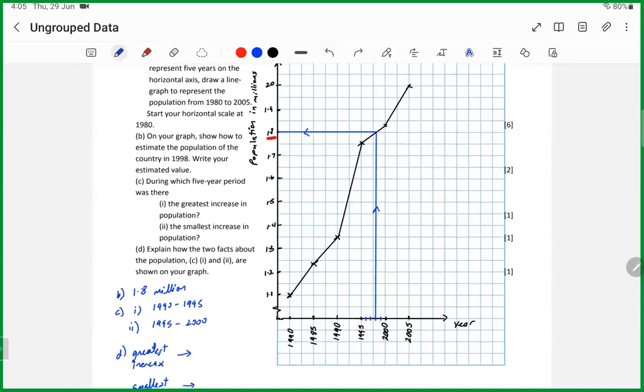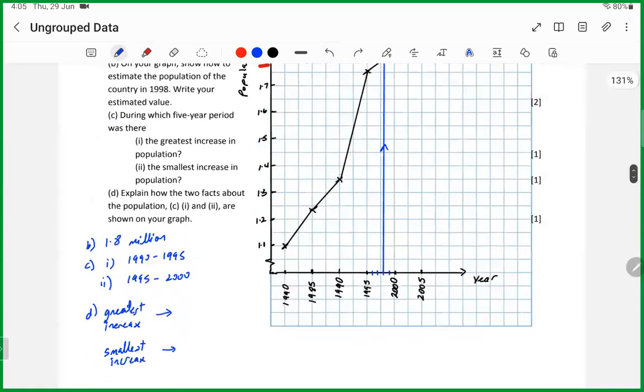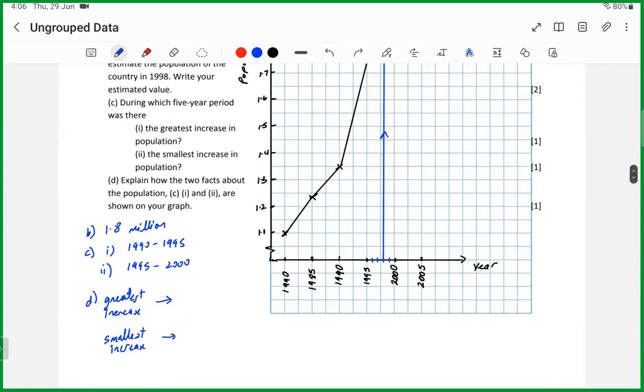And now we want to explain how the two facts are shown on the graph. How it's shown on the graph is with the gradient, right? So the greatest increase would be the steepest gradient, and then the smallest increase would be the most gentle gradient. Steepest, or you could say highest gradient.